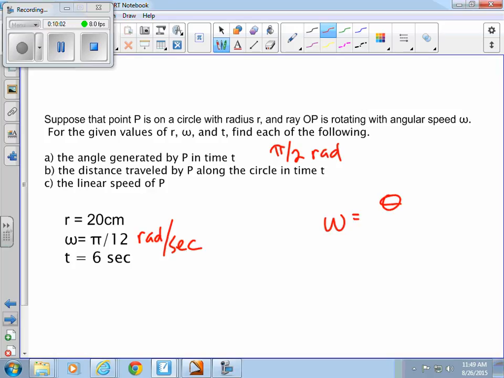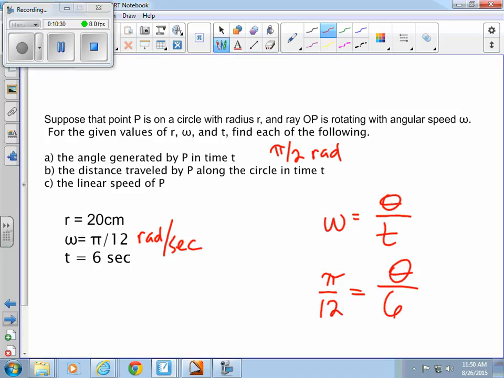Omega equals theta over t. Yes. And so omega is pi over 12, t is 6. Could I find theta using the formula? Yep. You cross multiply by 6 so you land in the same place. So that's the formula way, and you already said how to do it by thinking it through.